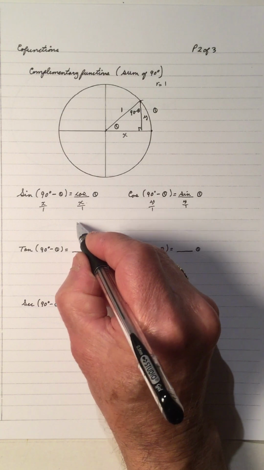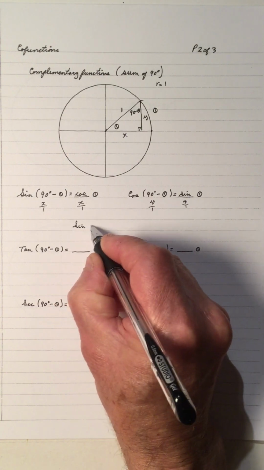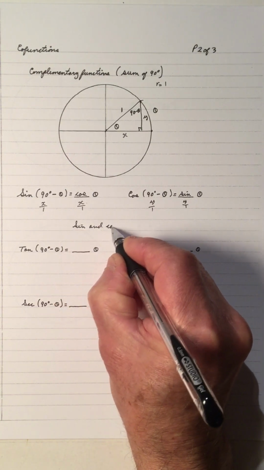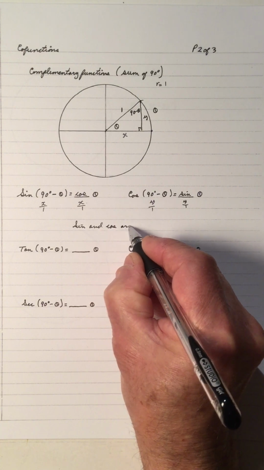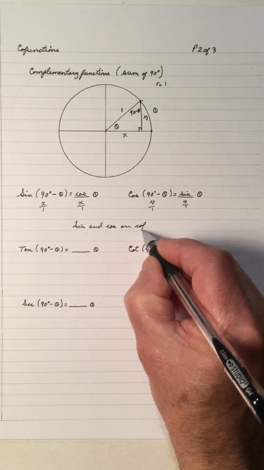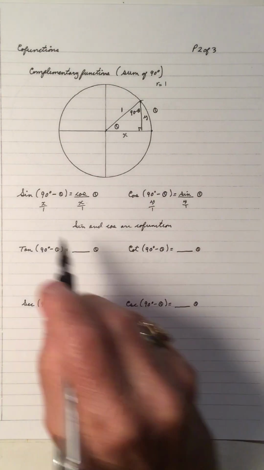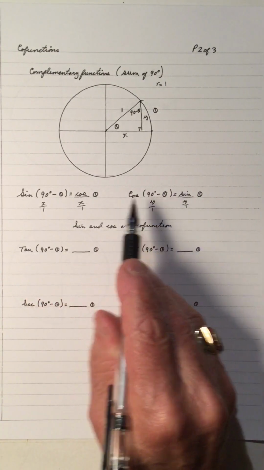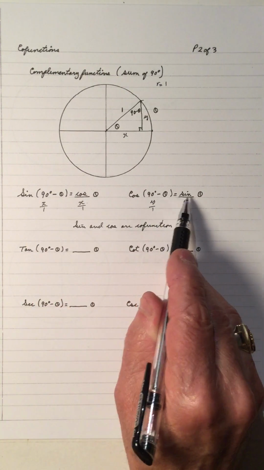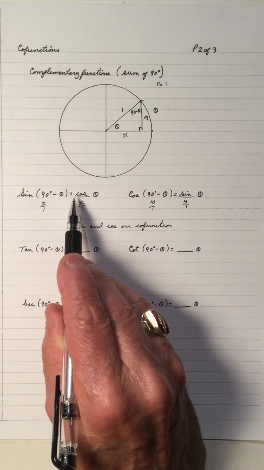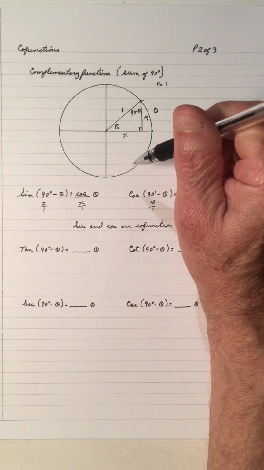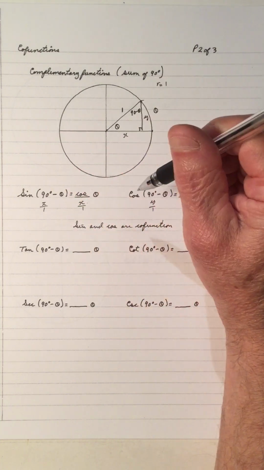So sine and cos are the cofunctions to each other, so you can see that the sine of theta will be equal to their cofunctions.